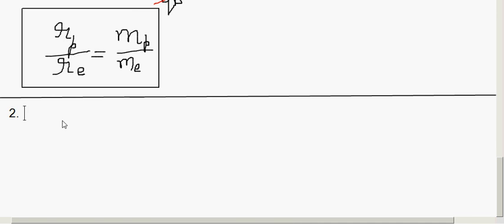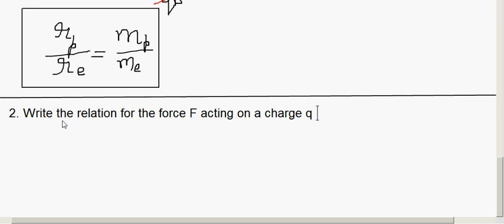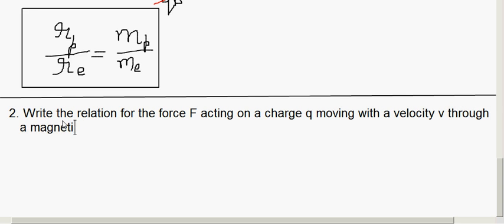Write the relation for the force F acting on a charge Q moving with a velocity V through a magnetic field B in vector notation.